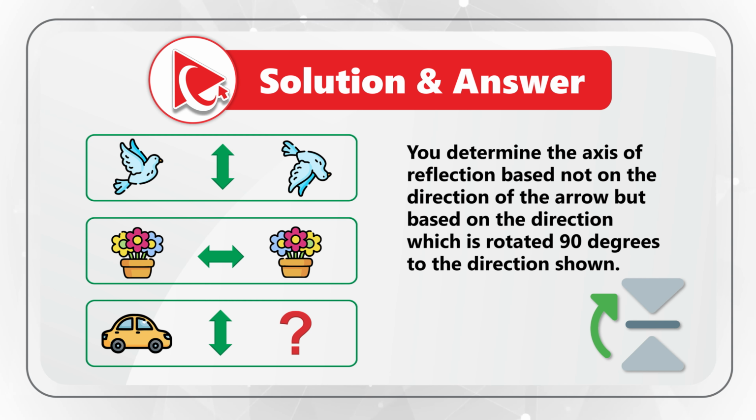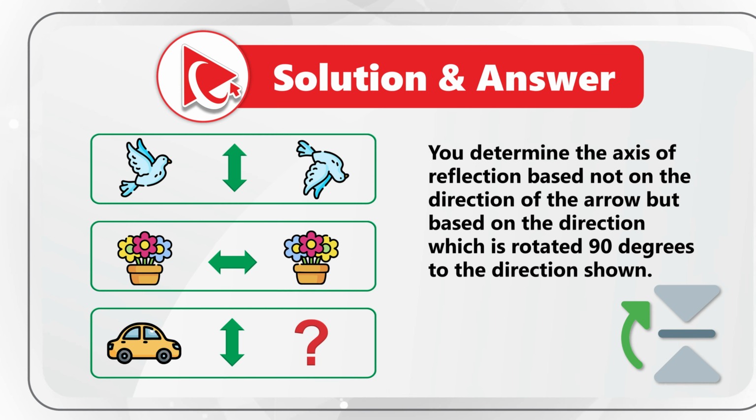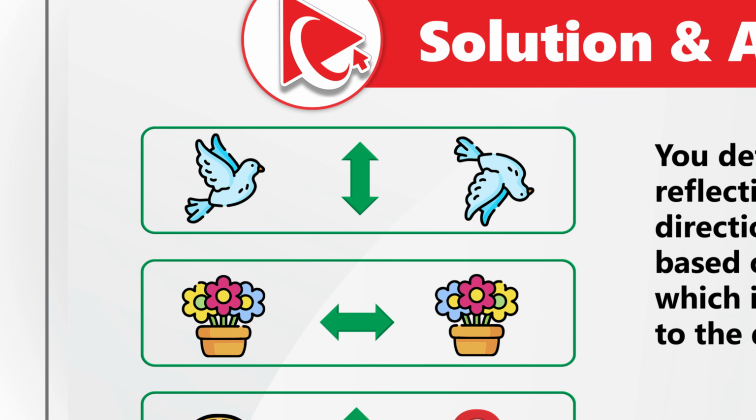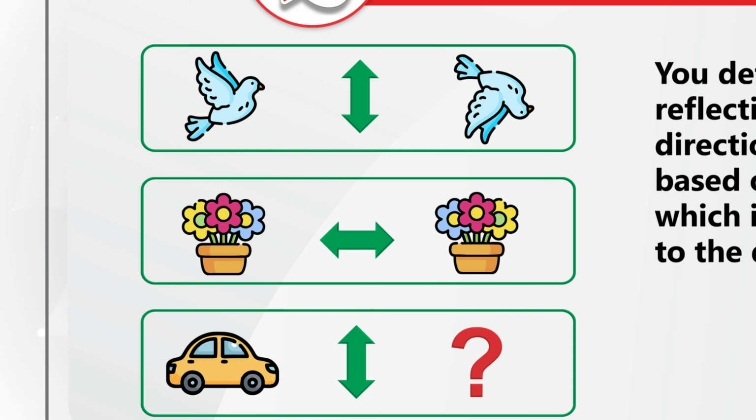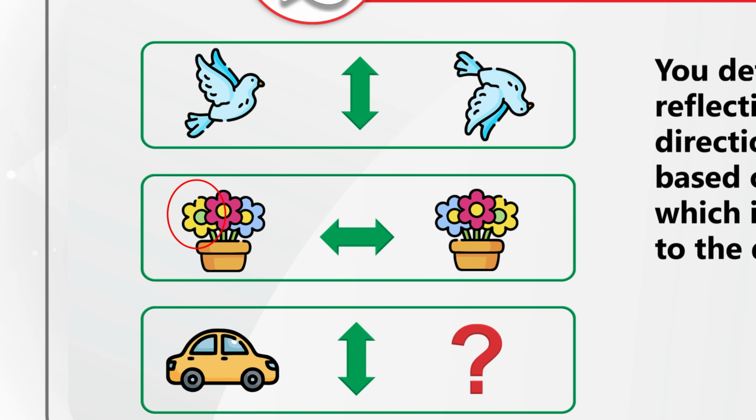Let's look at the actual example. Because the direction of the first arrow in the first row goes from top to bottom, the pigeon actually is reflected horizontally, not vertically. And to get to the correct answer, you need to rotate the pigeon 180 degrees. Let's look at the second object. We see the flowers with the yellow flower being on the left.